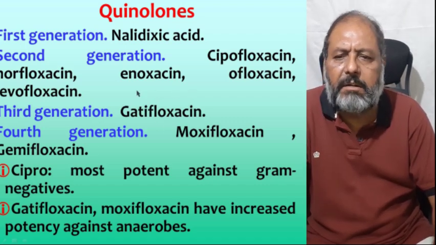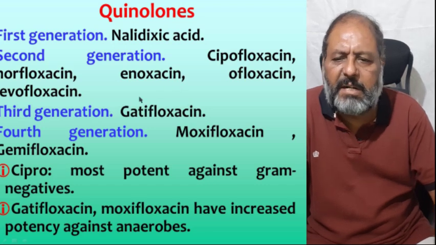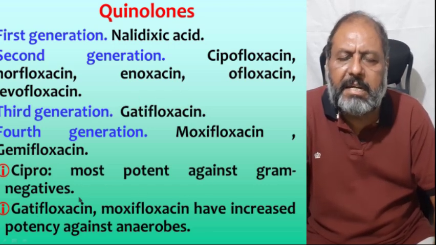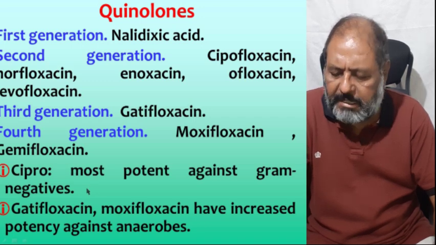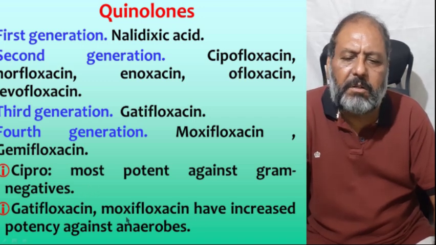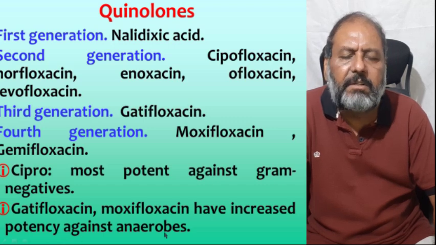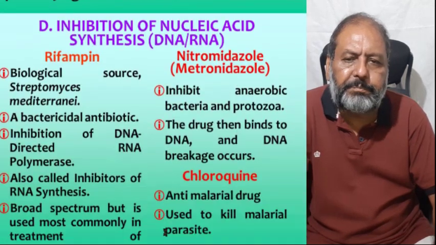So these are now what is available in the market. Ciprofloxacin is the most potent against gram-negative bacteria, used mainly for typhoid, and gatifloxacin and moxifloxacin have increased potency against anaerobic bacteria.